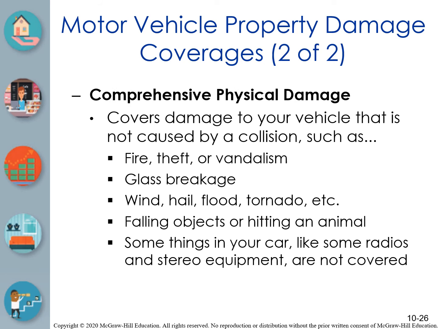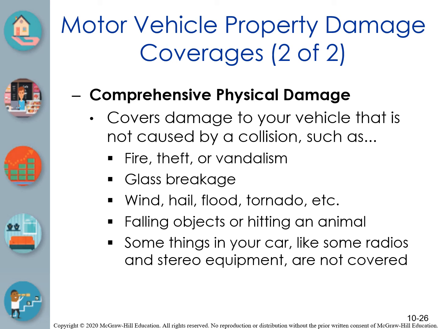Now, when we talk about comprehensive physical damage, we're looking at the overall, the umbrella policy, if you will. It covers damage to your vehicle that is not caused by a collision, such as fire, theft, vandalism, glass breakage, wind, hail, flood, tornado, etc., falling objects, hitting an animal.